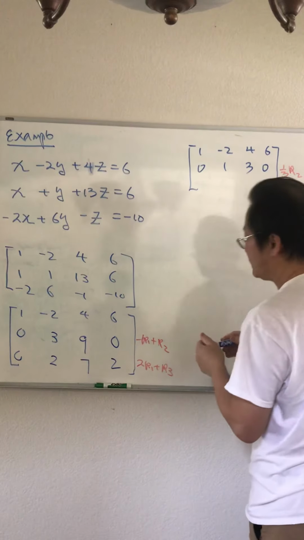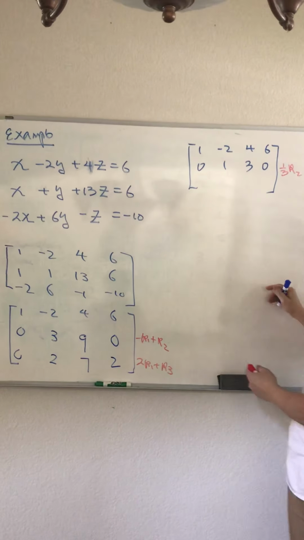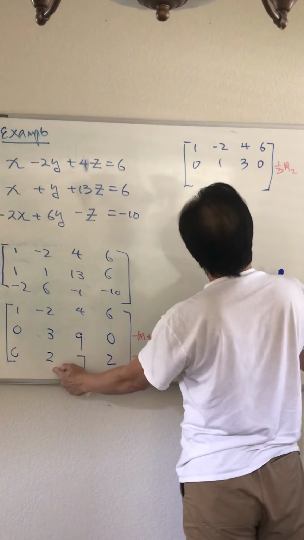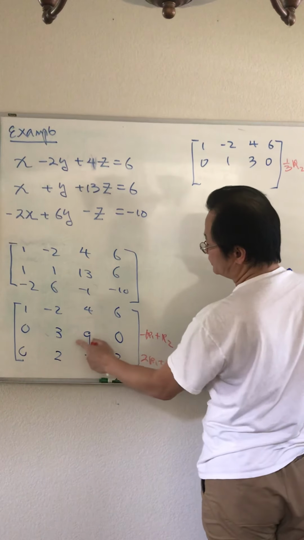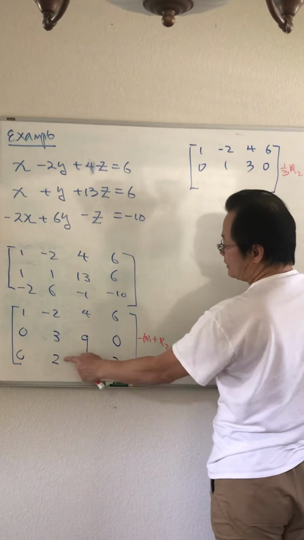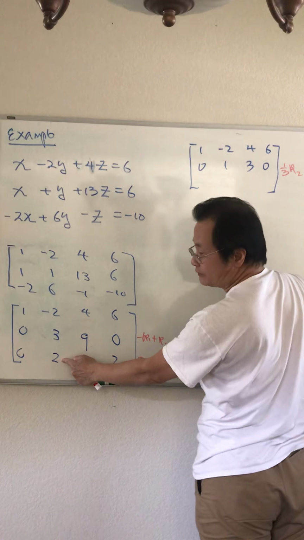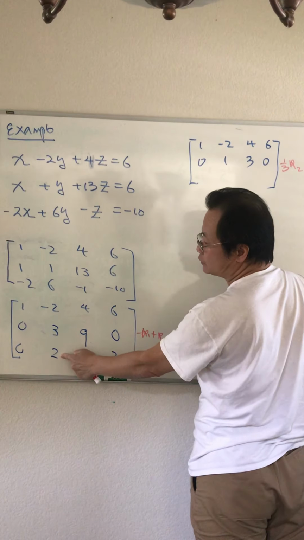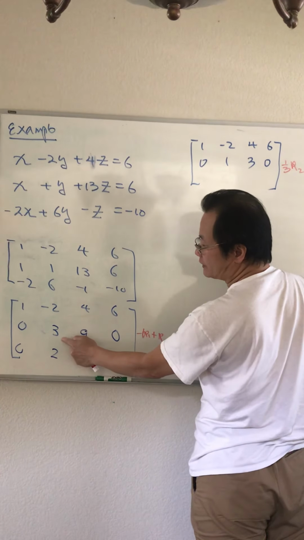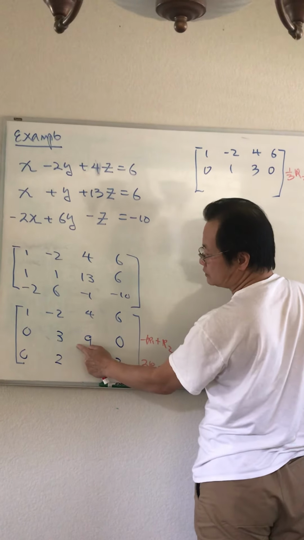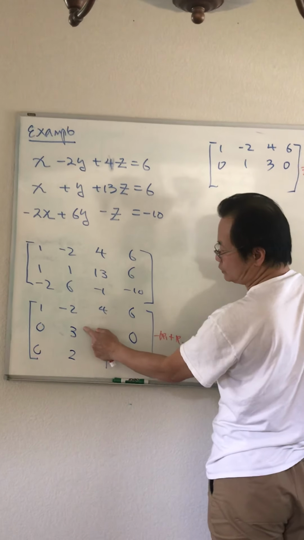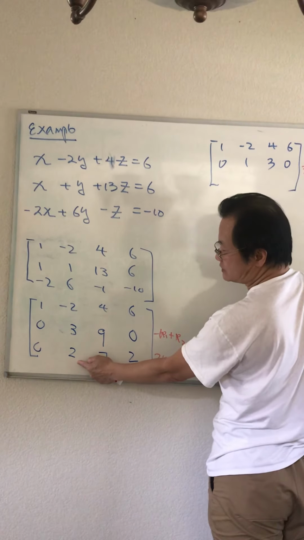Okay, now to make that a 0, we need to have negative 2 to plus 2 to make a 0. So what I will do is 3 divided by 3 times minus 2, that will make that a negative 2, and add to the 2, and that goes to 0.